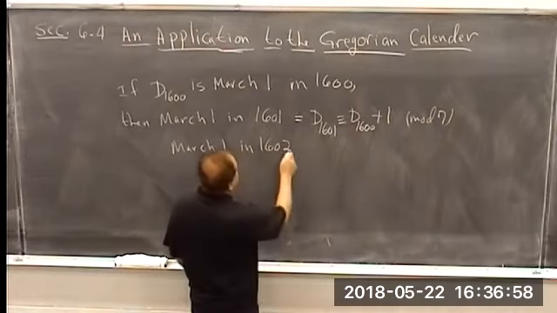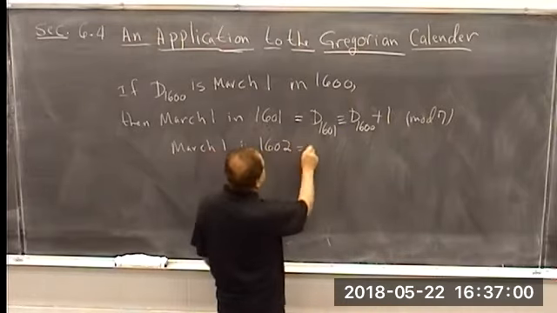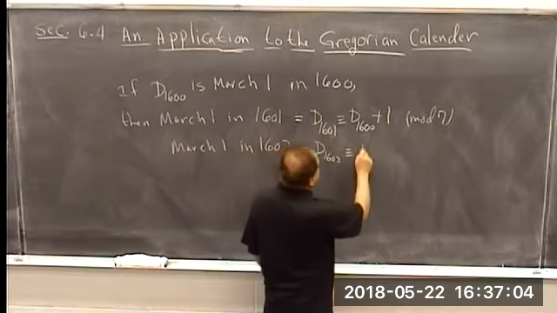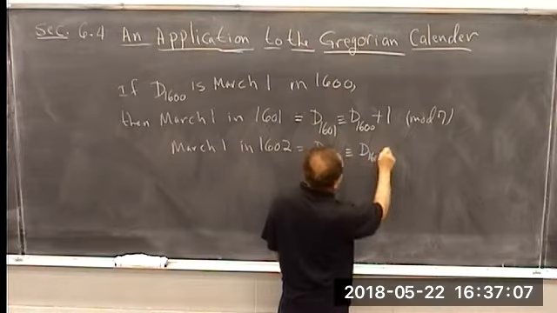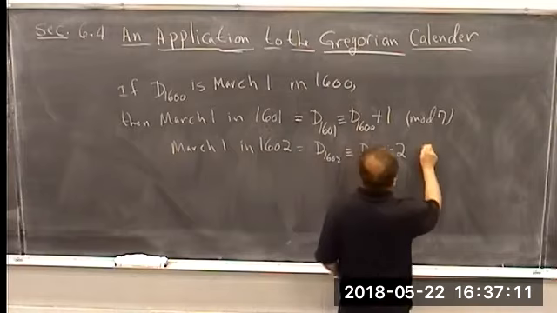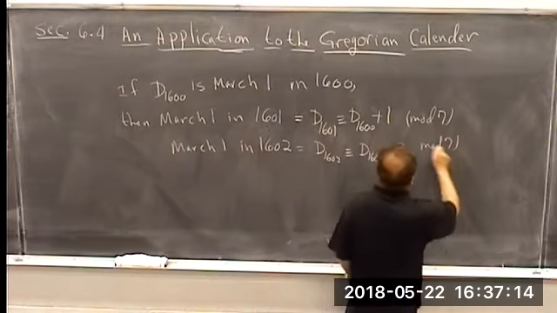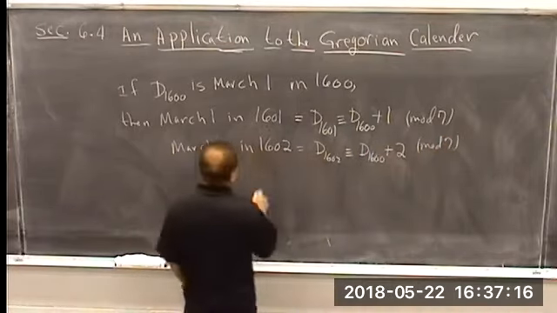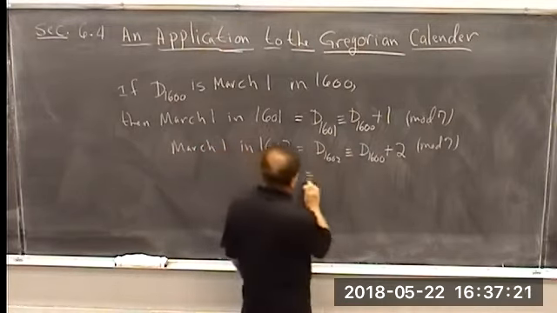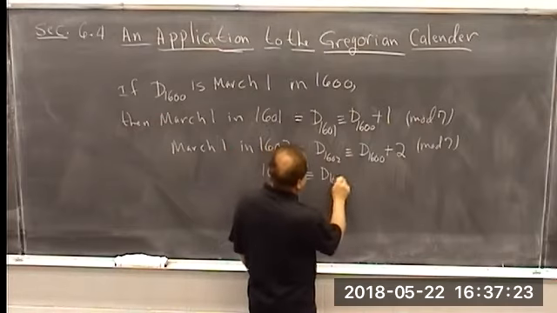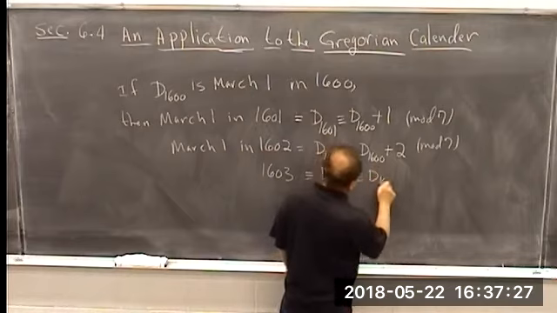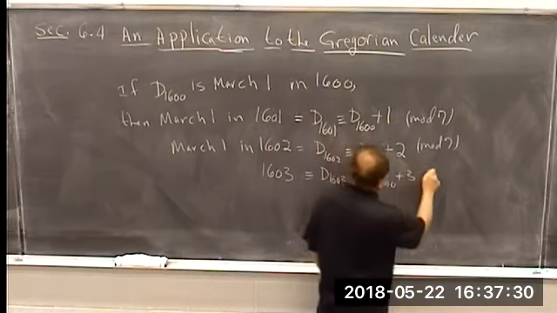D 1602 is going to be D 1600, and we're going to add 2 this time, 1 and 1. So this is mod 7. The next year after that, 1603, is still a common year, and D 1603 is equivalent to D 1600 plus 3, mod 7.